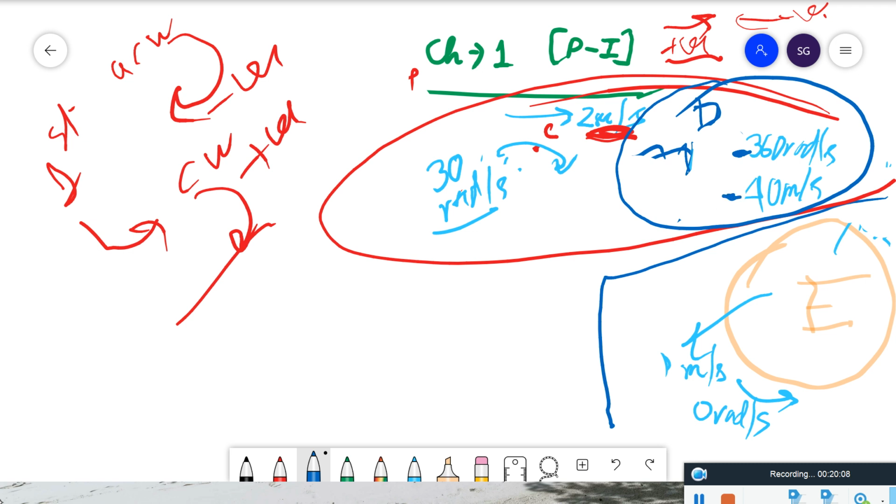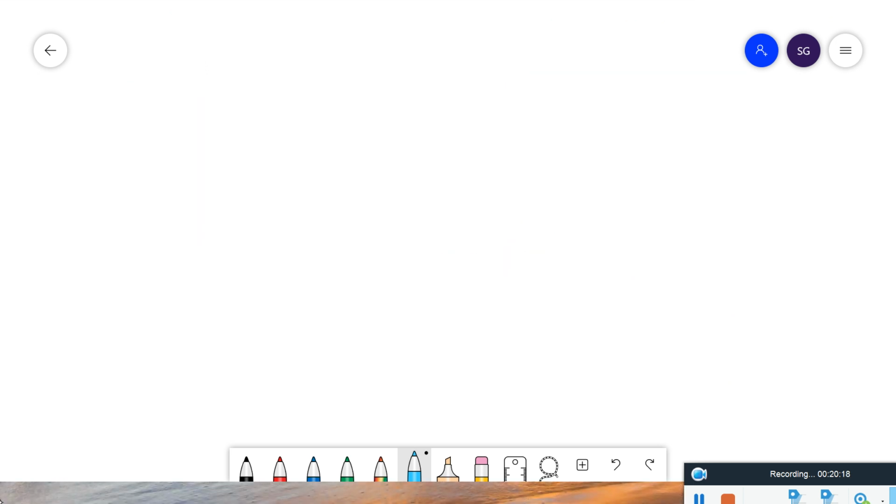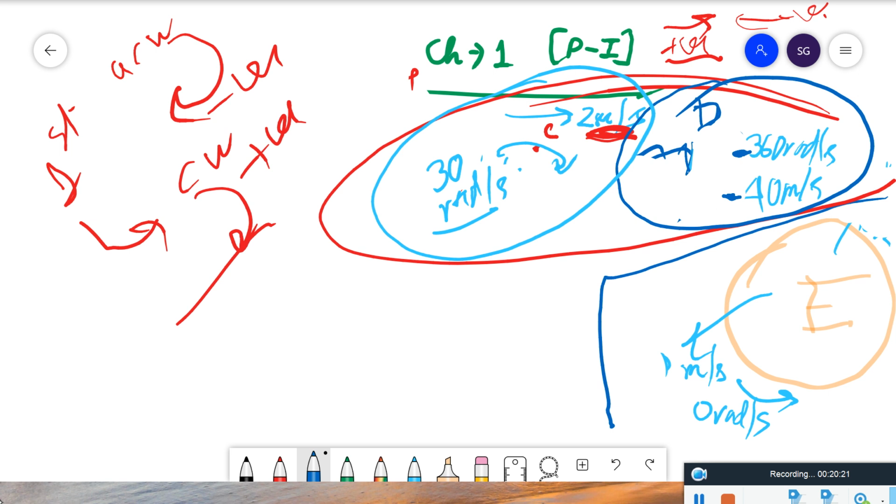Now it's still not my frame of reference. To make it a frame of reference, what I should do, this is the second object. Do plus 360 in that, and here do plus 40. So plus 40 minus 40 is 0, minus 360 plus 360 is 0.